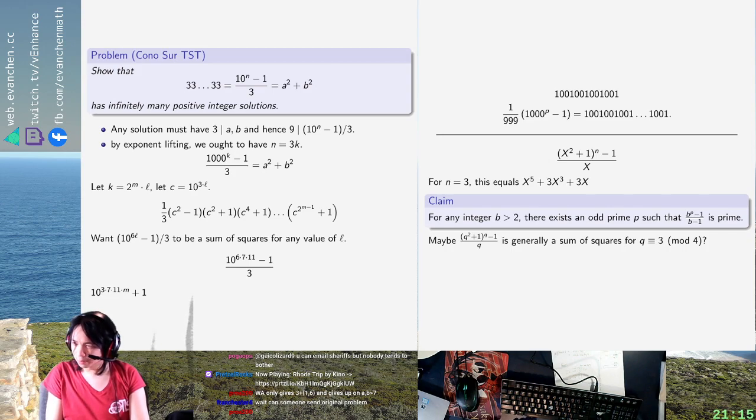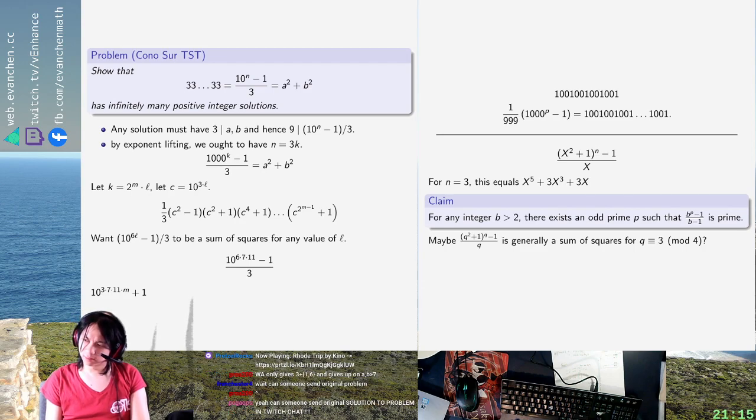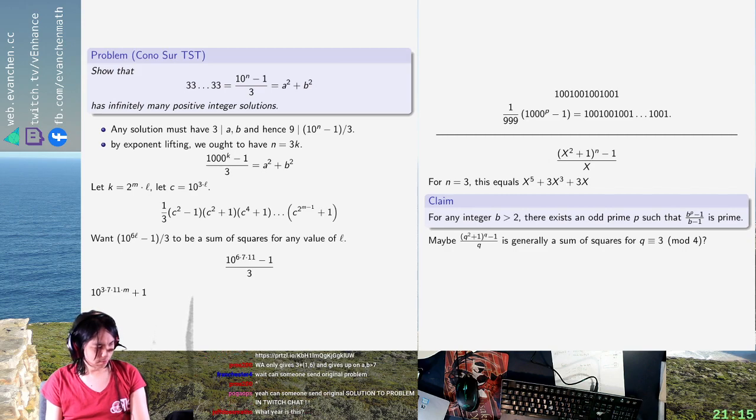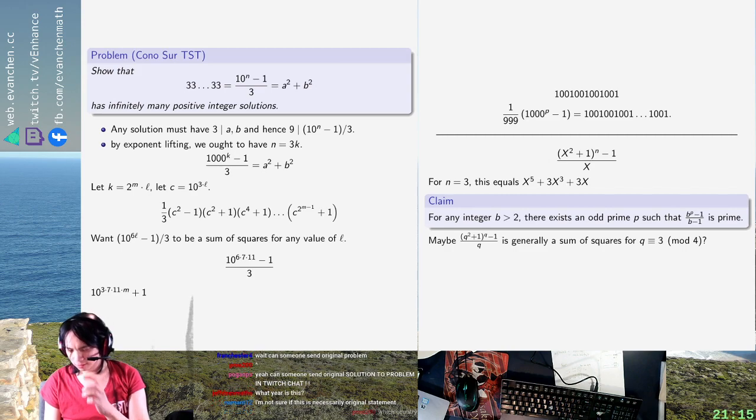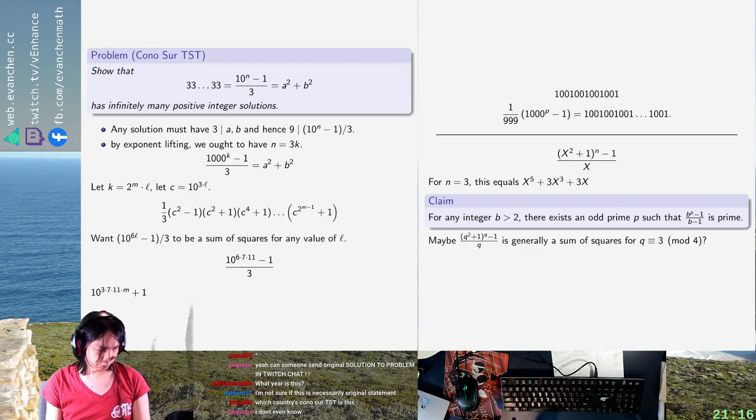Yeah. Can someone check the problem statement? Because it just feels off to me. I don't think you get a problem statement wrong, but. I think the only things that seem feasible to me right now are either some sort of indirect existence proof, something that's not direct, or some algebraic identity.